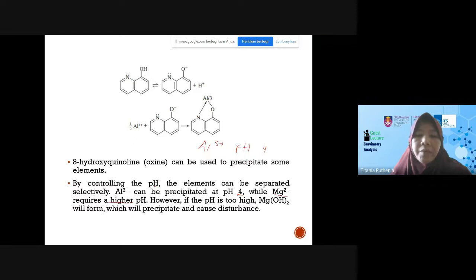However, if we do the precipitation at a pH more than 4, and the pH is too high, then Mg(OH)2, magnesium hydroxide, will form. And it will also make a precipitate, and then it will cause disturbance because we have two different precipitates.